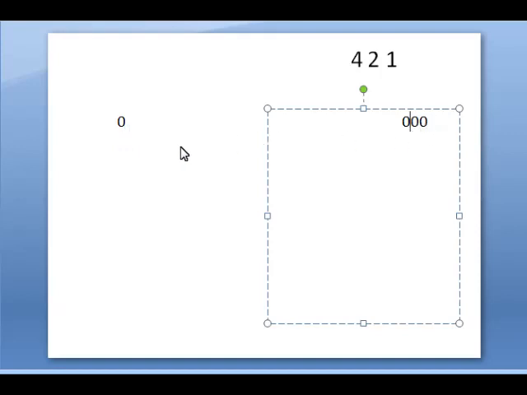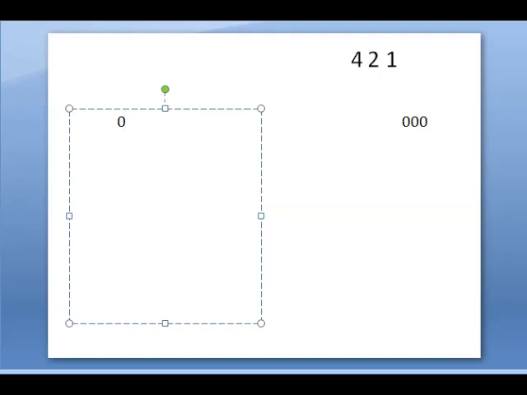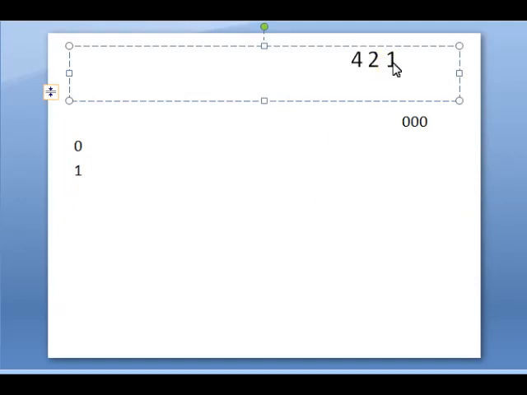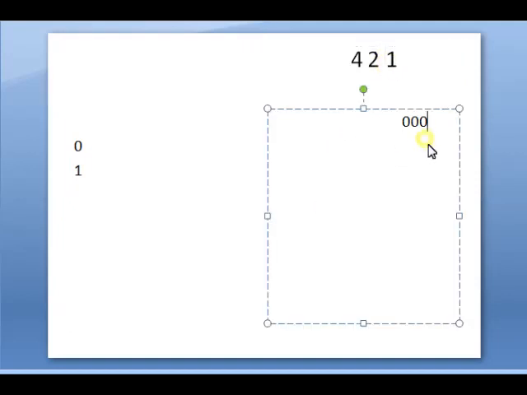Now what is the next number? The next number is 1. Again you will see here, 1 is here. So what we have to do is put 1 here.